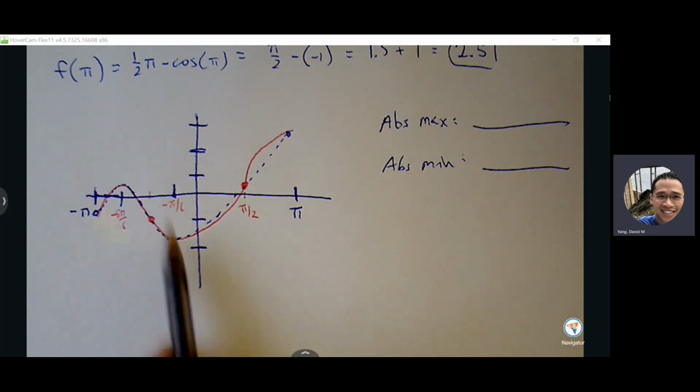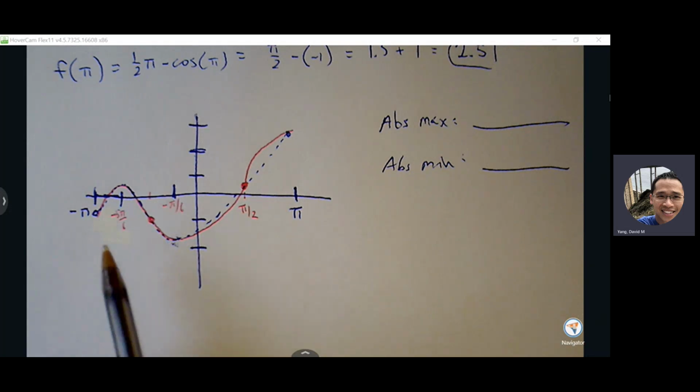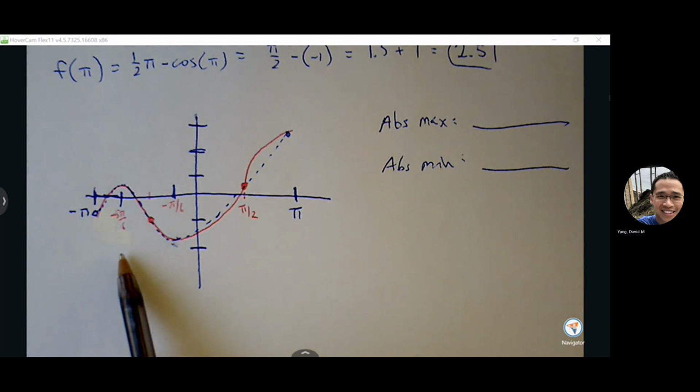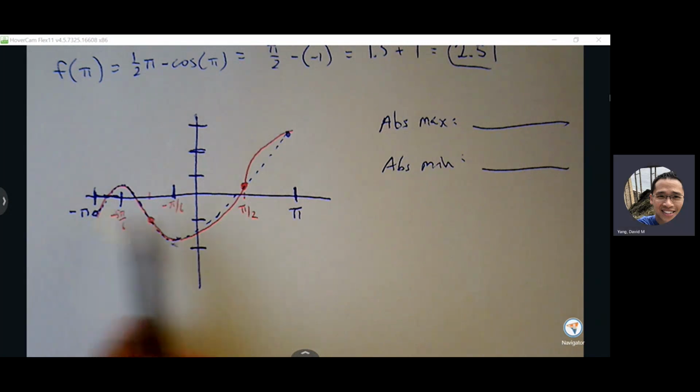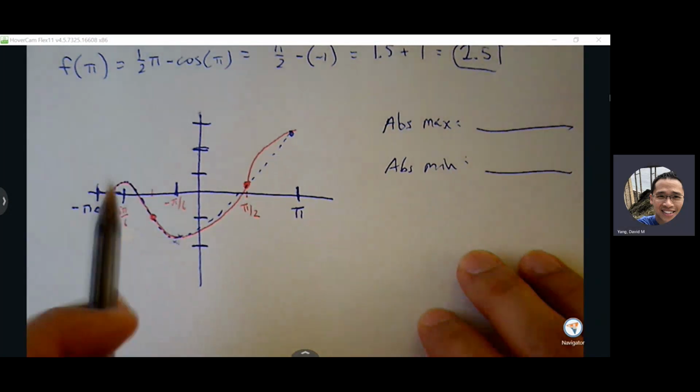We don't know where that value is specifically, but we know it's going to be at one of these points. So how can I find a specific y value? If you draw it in a way, that absolute min might be negative 0.5. Yes, that's right. It could be. You're right.